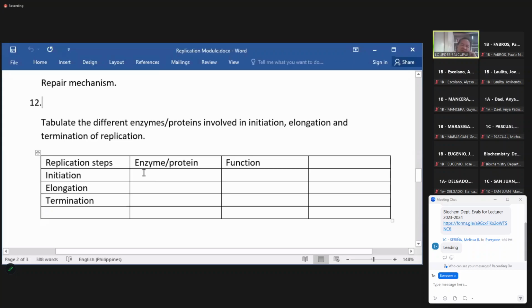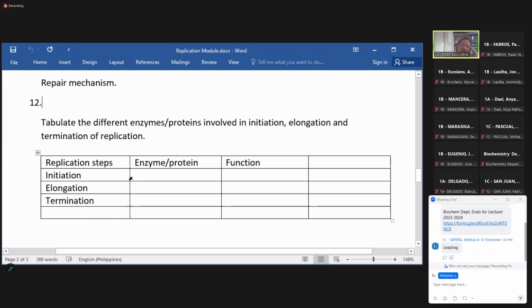Okay. Another one? Another enzyme for initiation? Gyrase po. Topoisomerase? That's sa elongation na yon. That's for elongation. Okay? It prevents the supercoiling or the torsion of the unwound parent chain.